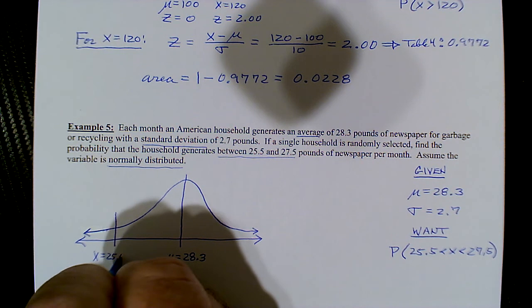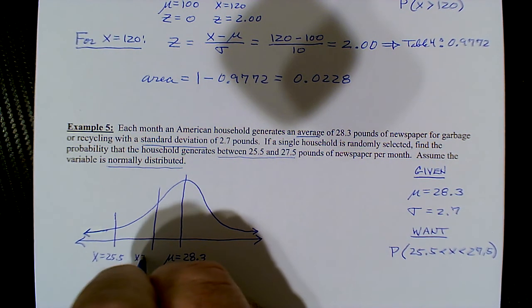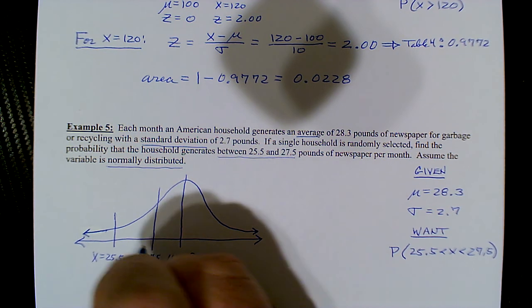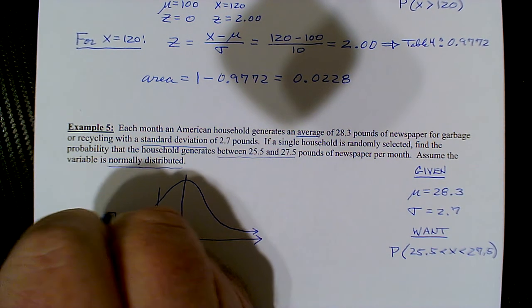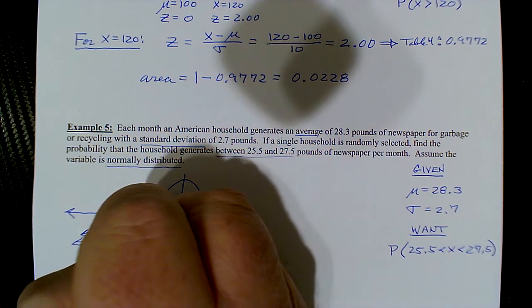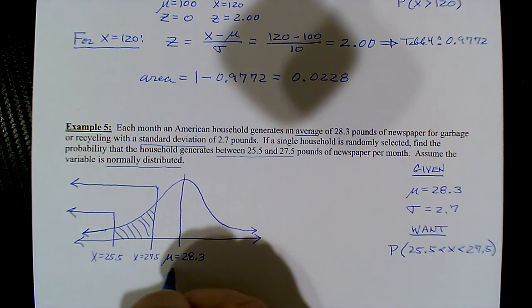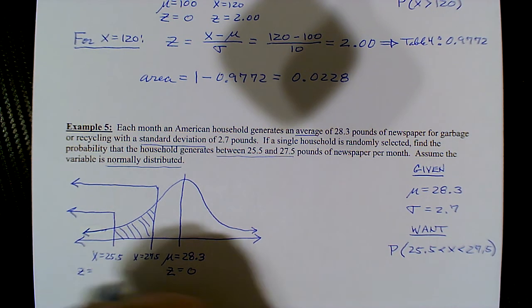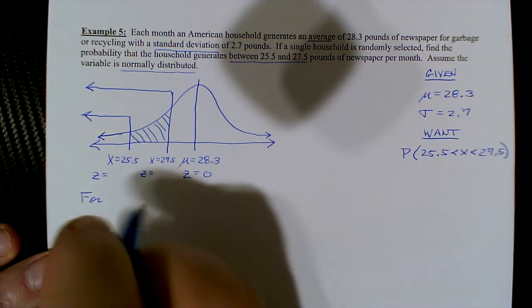And the 27.5 is also to the left of the mean. We want everything in between. So shade that in. My two left cumulative arrows. Start labeling the z-scores for the mean at 0. Then calculate them for the two data values of interest. I like to call critical values again.